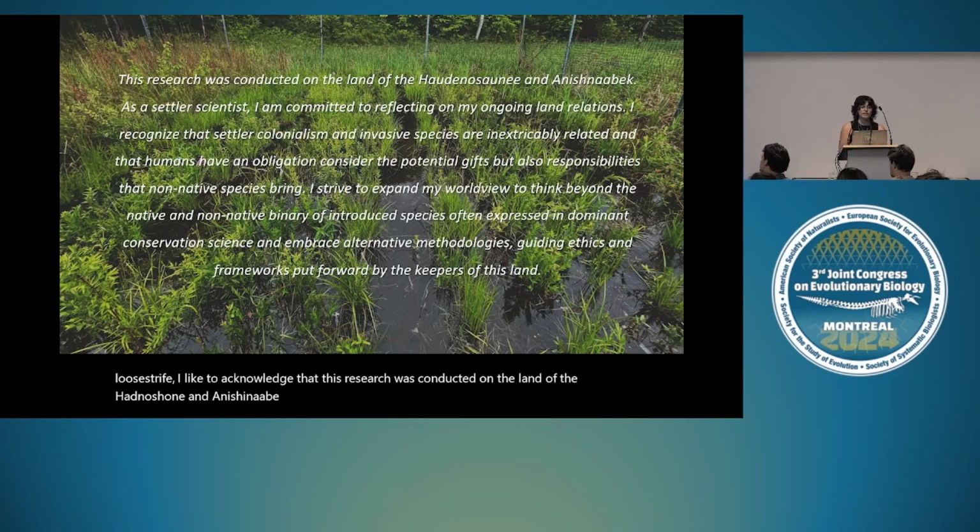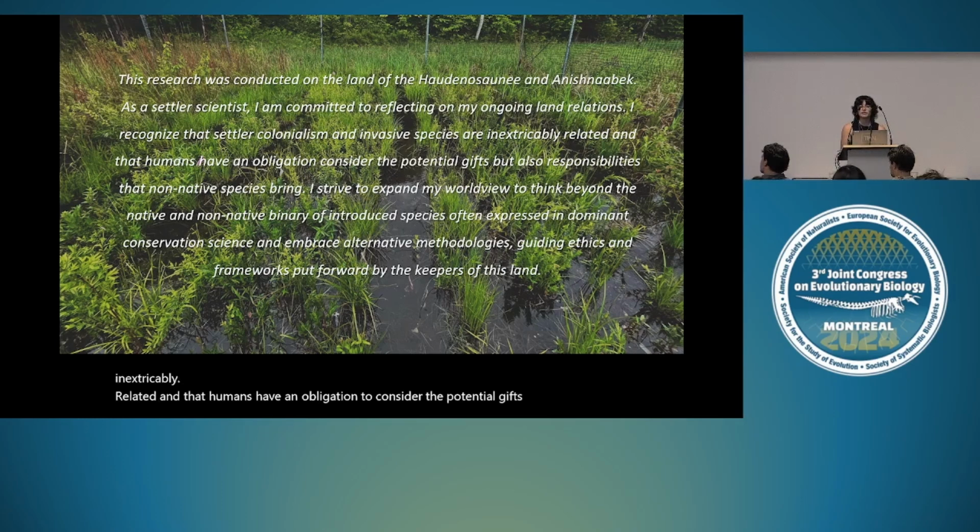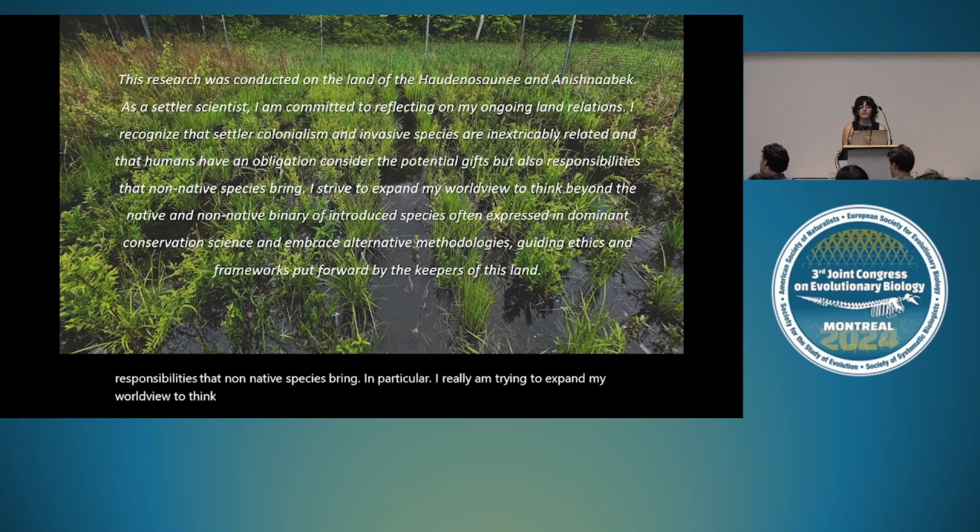As a settler scientist, I'm committed to reflecting on my ongoing land relations, and I recognize that settler colonialism and invasive species are inextricably related, and that humans have an obligation to consider the potential gifts, but also responsibilities that non-native species bring. In particular, I am trying to expand my worldview to think beyond the native and non-native binary of introduced species that we often see expressed in dominant conservation science, and embrace alternative methodologies guiding ethics and frameworks put forward by the keepers of this land.